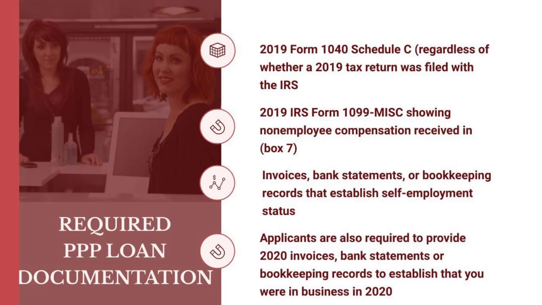Now, keep in mind that all of these items may not necessarily be required by the loan officer. It could just be a combination of the items. For example, your Schedule C, 1040 Schedule C will probably be compared to the bookkeeping records that you provide the loan officer. So they want to see exactly how much money you brought in.